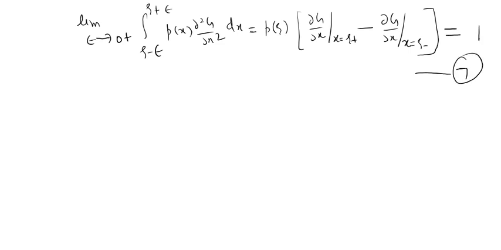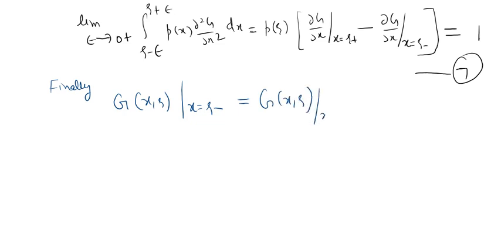So finally you have two conditions on g. I am writing them separately. First, g is continuous, so g(x, xi) at x = xi from the left equals g(x, xi) at x = xi from the right.